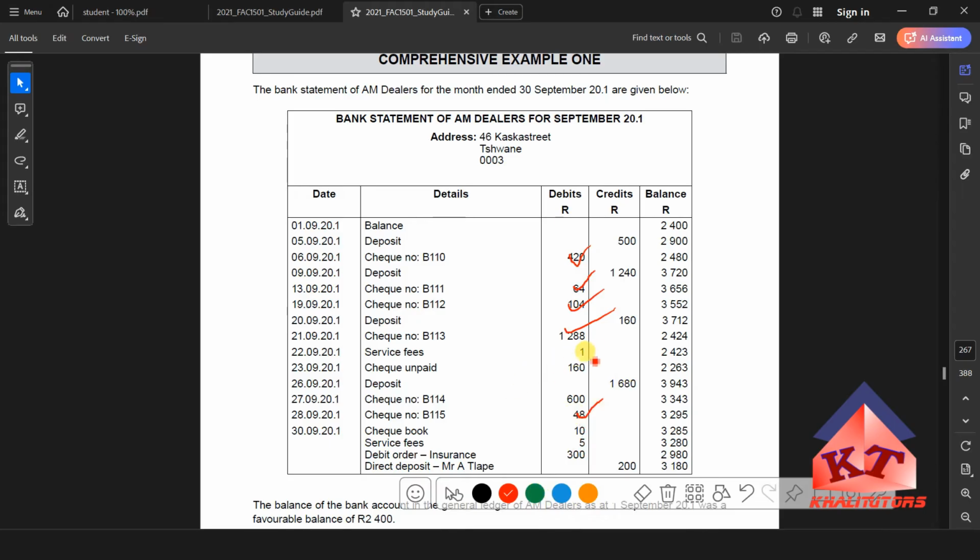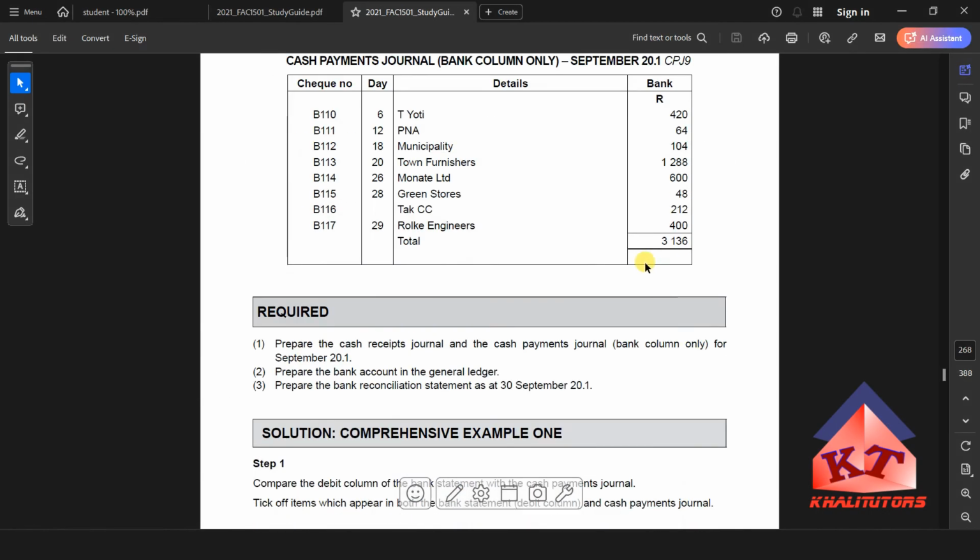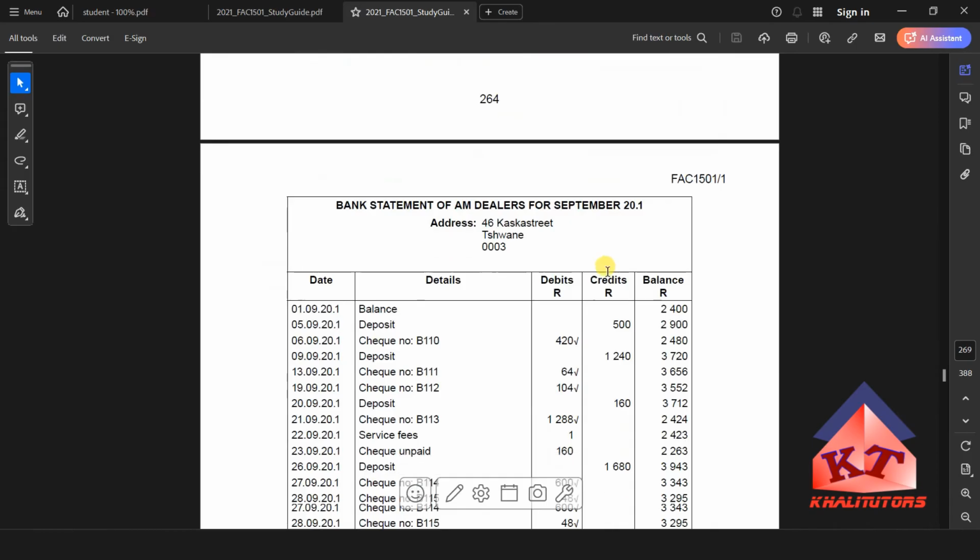For those remaining items, we are supposed to take these and add them to the cash payments journal, and they will help us adjust our total. So at the moment, let's go back to the cash payments journal. This is what you're going to do as the first step.